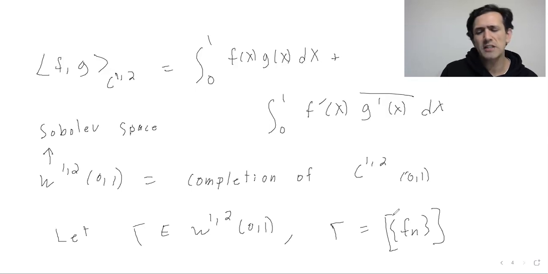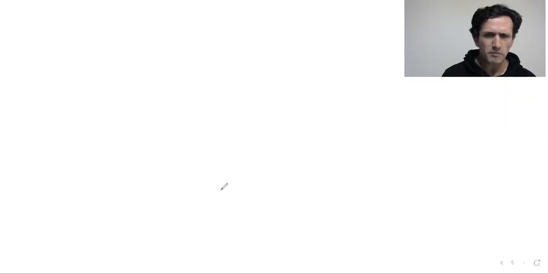It's the class generated by a Cauchy sequence in C^1_2, and I'm not going to write 0 to 1 from now on. It's kind of a pain. So what does this mean?